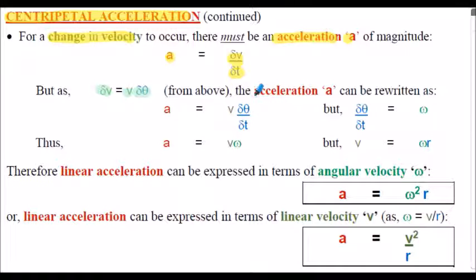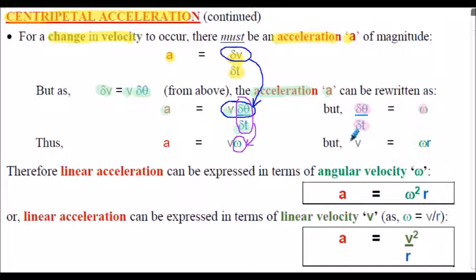So we can rewrite acceleration a as v delta theta divided by delta t, replacing this term with this term. And from our previous angular motion work, the change in angle turned through divided by the time taken is actually angular velocity omega. So now we replace d theta by dt with omega.